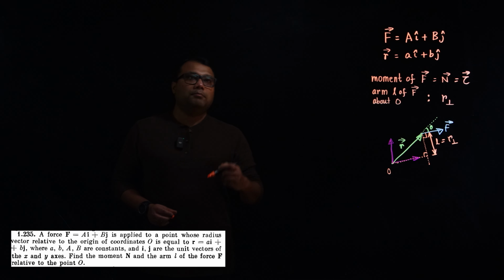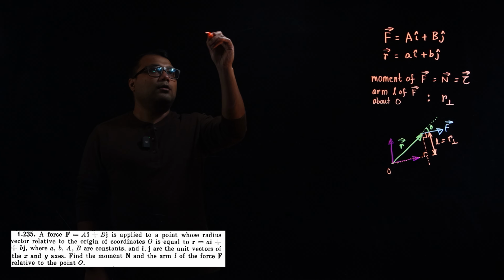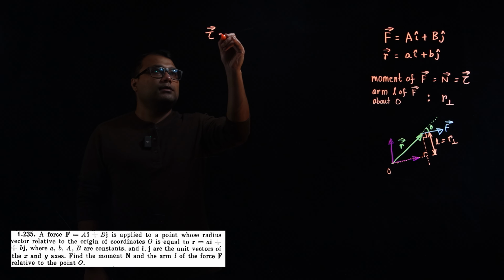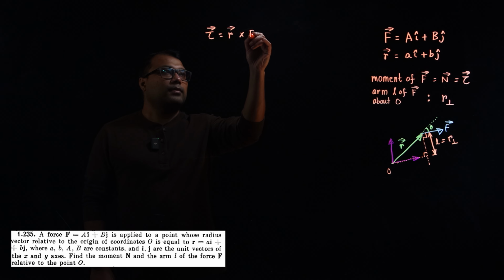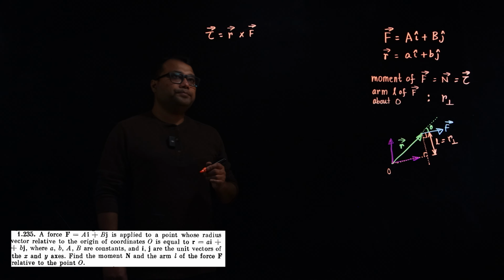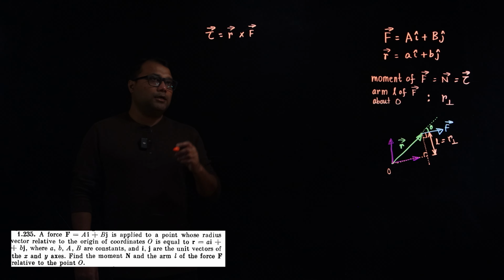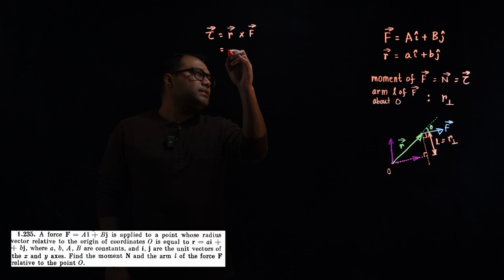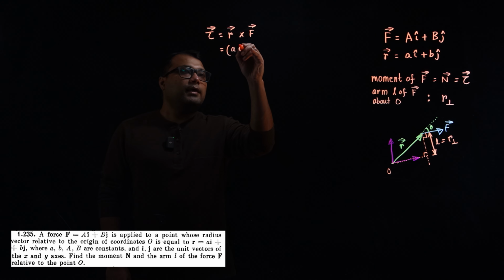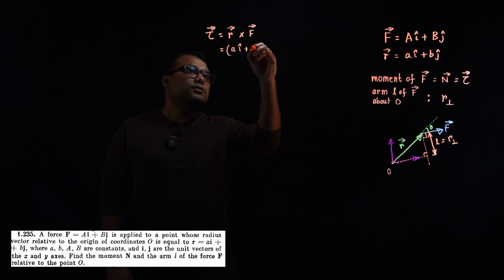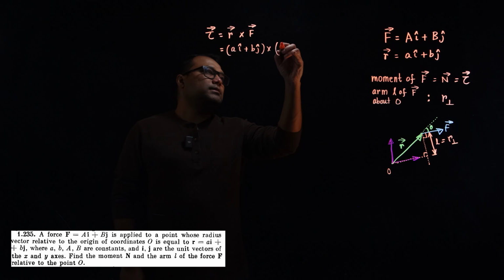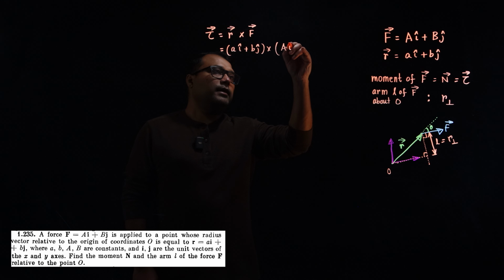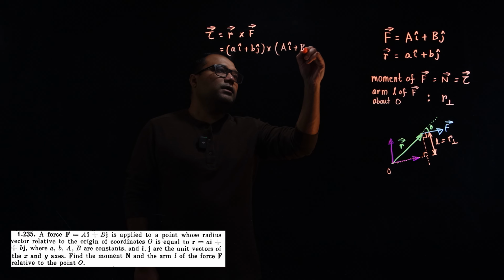Now let's do the math. So tau is R cross F. It's a vector quantity. Now R is given as small a i cap plus small b j cap, and F is given as capital A i cap plus capital B j cap.